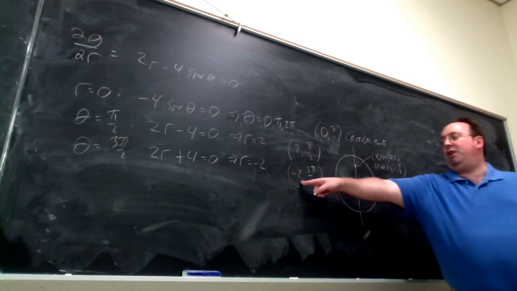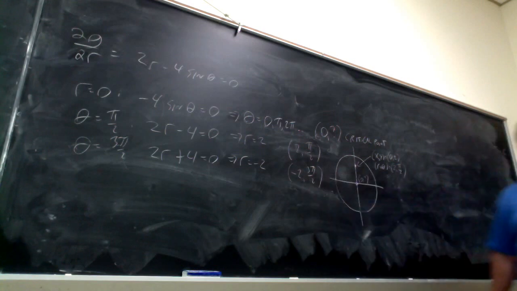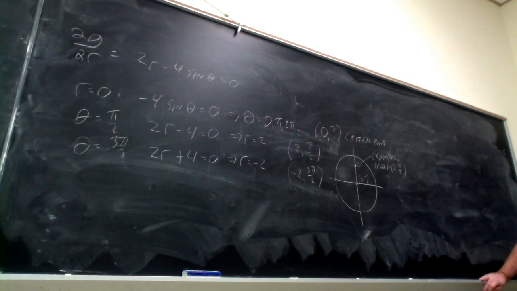What about this point? Where does this put us? When you have a negative r, what does that mean? It's kind of strange. How do you handle that?